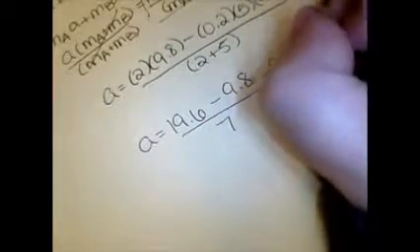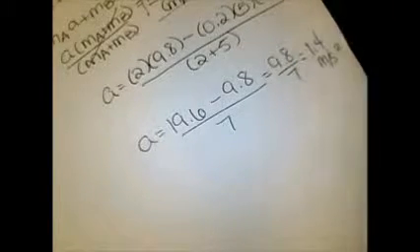Now we get 2 times 9.8 is 19.6. 0.2 times 5 times 9.8 gives us 9.8. Divided by 7, which gives us 9.8 divided by 7, which gives us 1.4 meters per second squared. There's your acceleration.